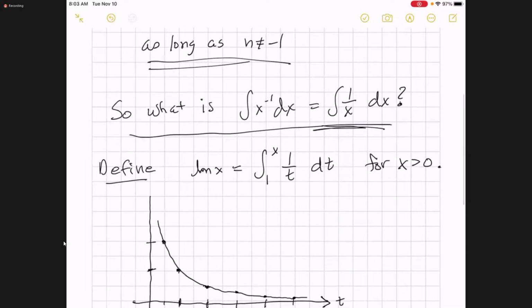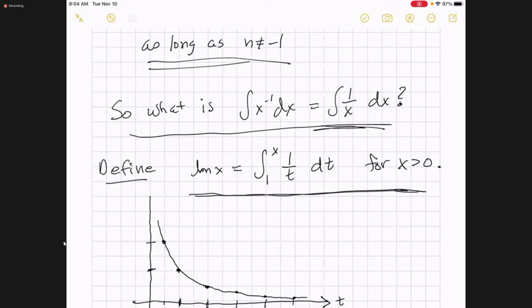So I'm going to make the following definition. We're going to define a function in terms of definite integrals. ln of x is equal to the definite integral from 1 to x of 1 over t dt for x greater than 0.